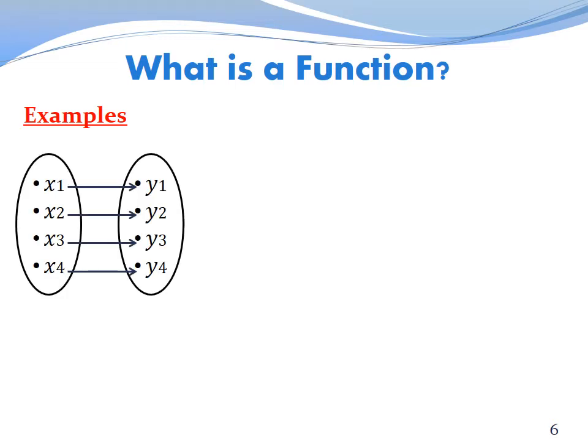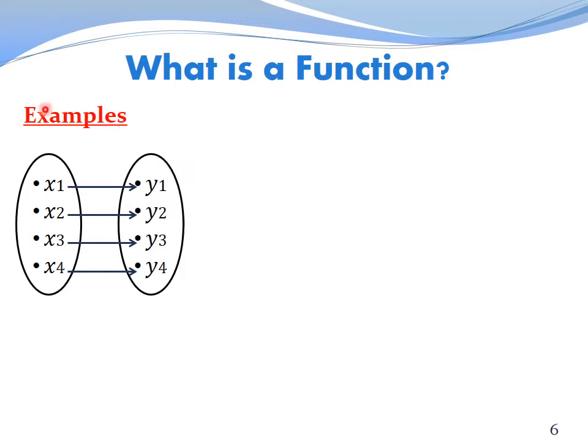For example, this one. Assume we have an input set, let's say x1, x2, x3, x4. We have four different inputs, and we also have four outputs, y1, y2, y3, and y4. So we have an input set and an output set.